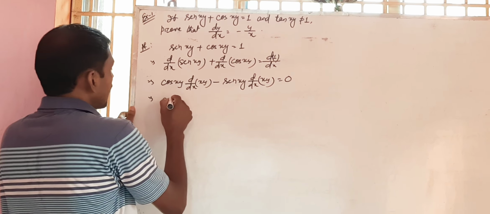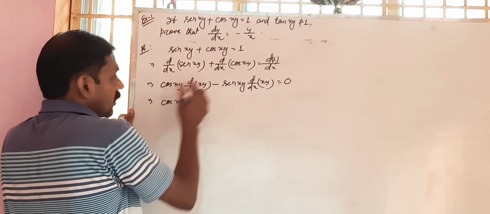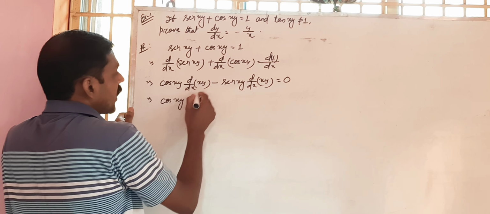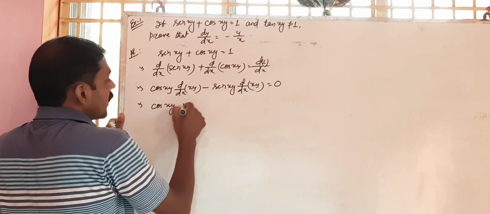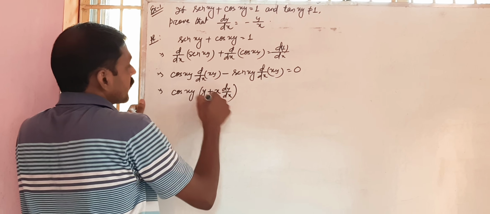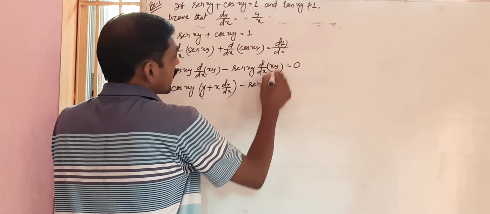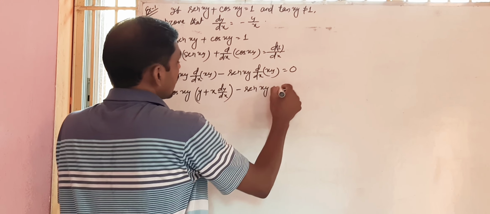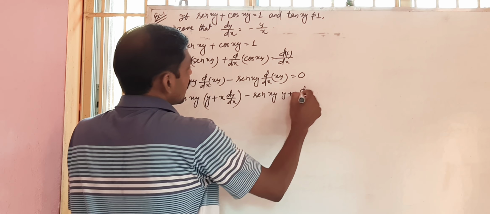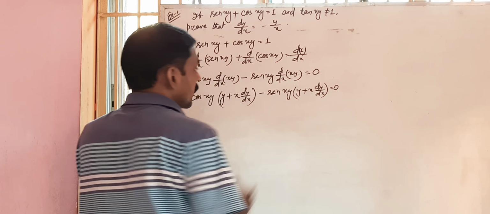Now again it is cos xy, and again the product rule. The derivative of x is 1 into y, that is y, plus x into the derivative of y, which is dy by dx. Here also, minus sin xy into y plus x dy by dx.